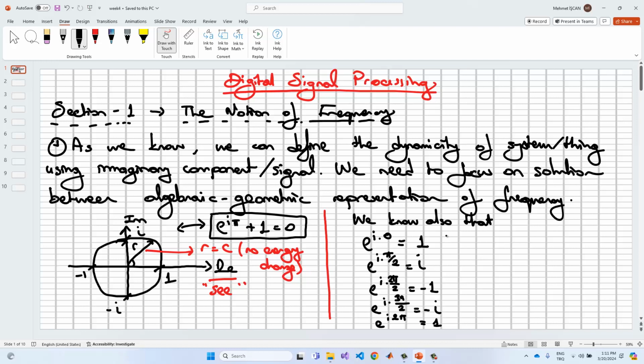And what about e to the i 5 pi divided by 2? It is equal to i. And exponential i 3 pi is equal to minus 1, right? And so it goes on.